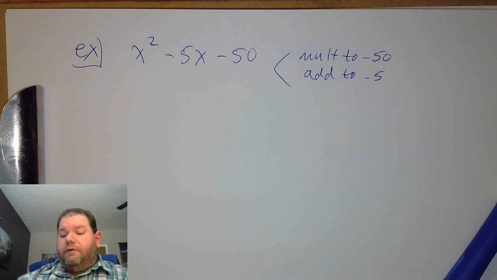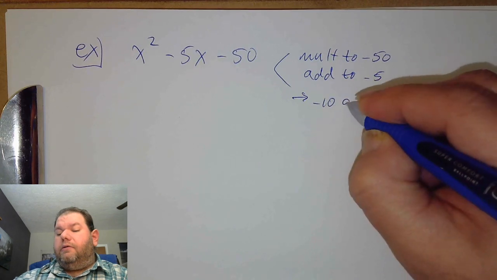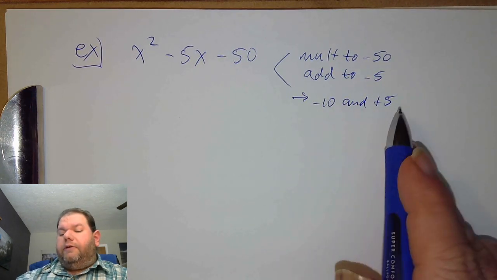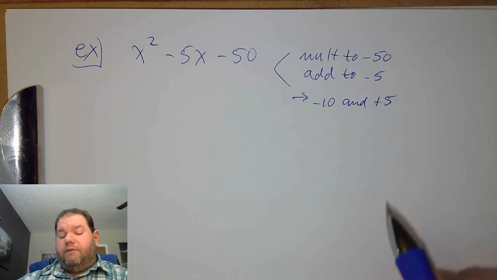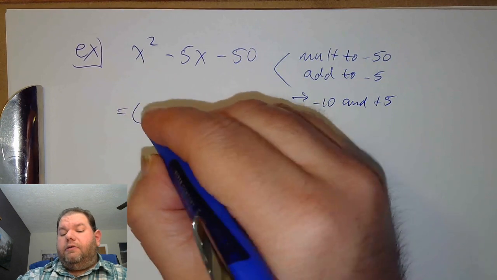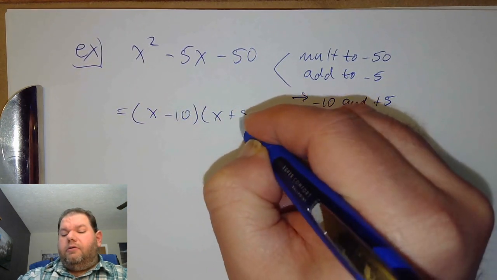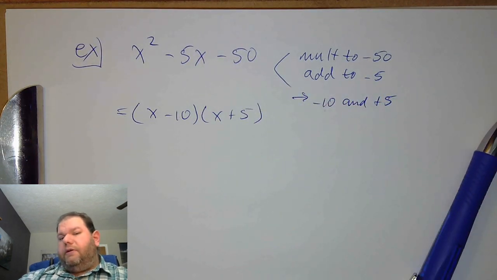Negative 10 and 5, good. Negative 10 times 5 is negative 50, and negative 10 plus 5 is negative 5. Is everyone understanding this okay?